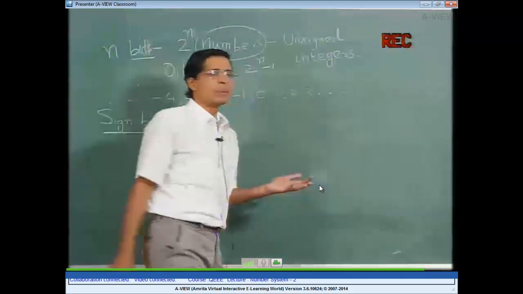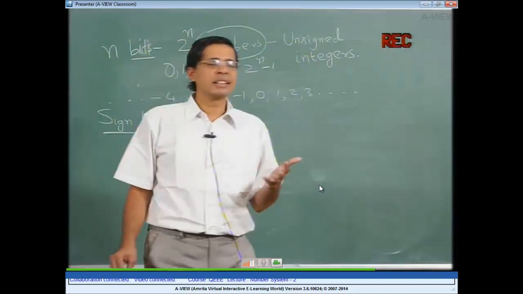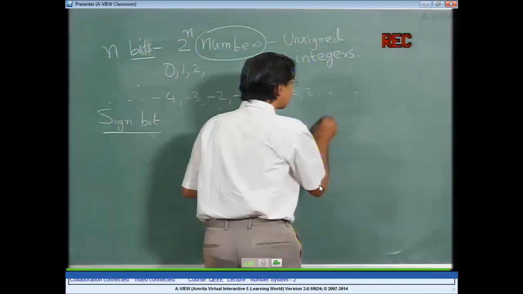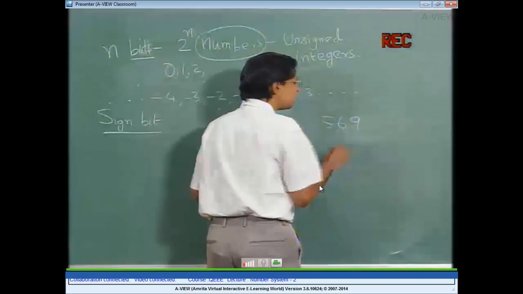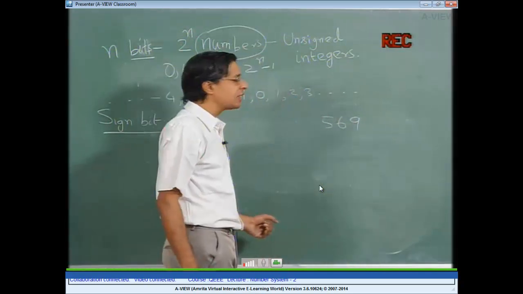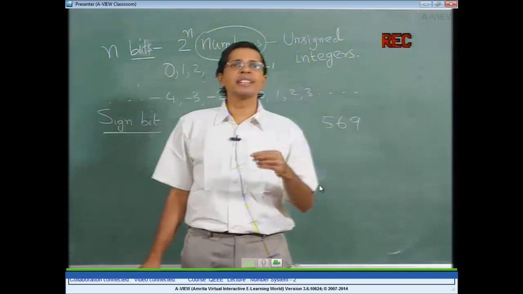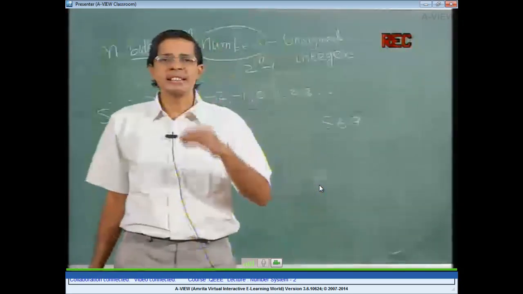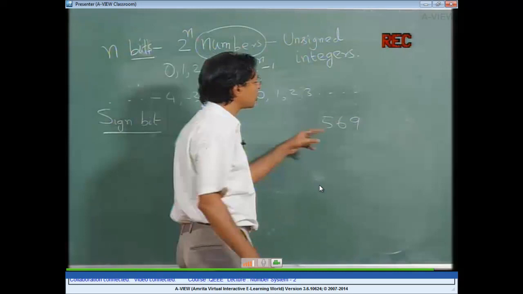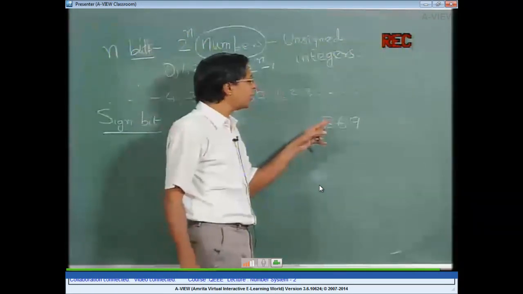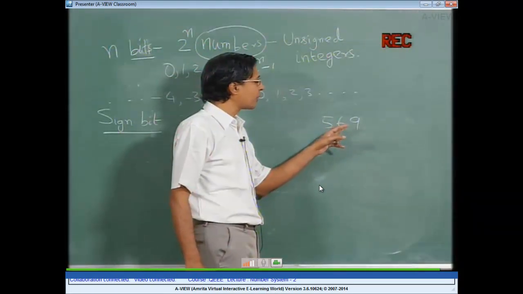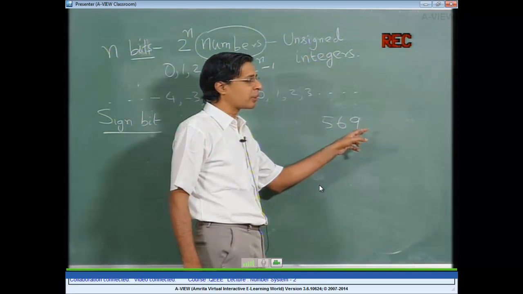I did mention in the previous class that in a positional representation, say 569, based on the position a different weight is associated with every digit. For example, 5 is associated with the power of 100, while 6 is associated with a power of 10, 9 is associated with a power of 1.